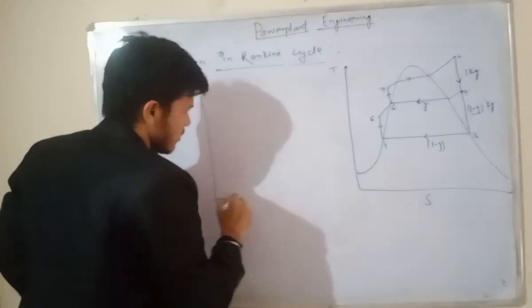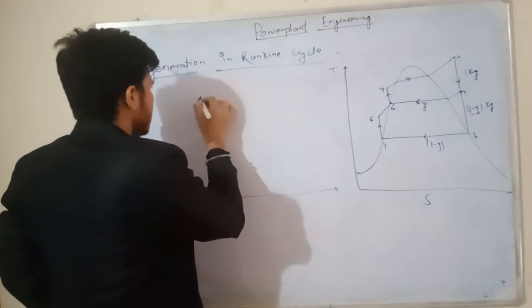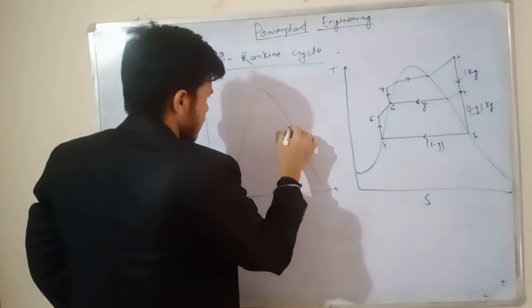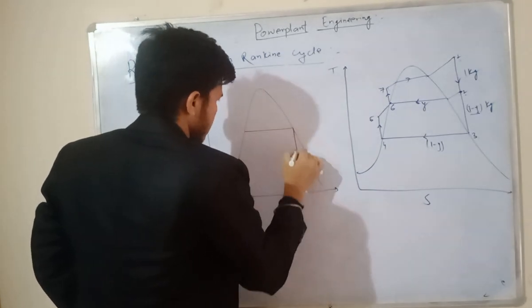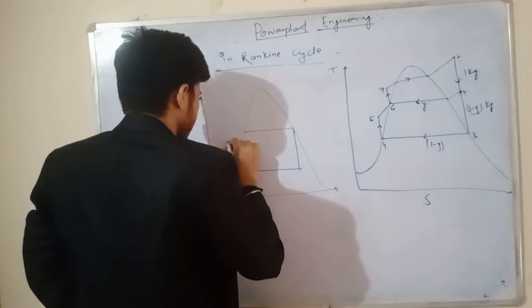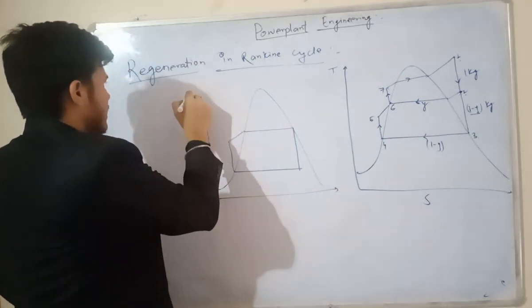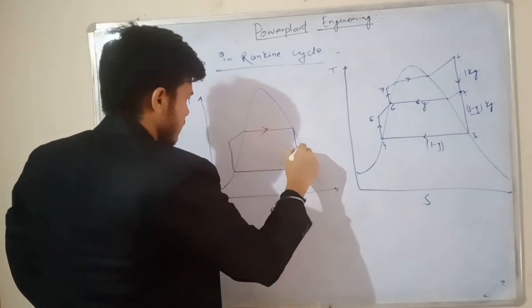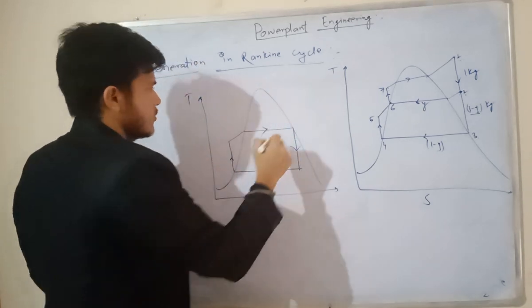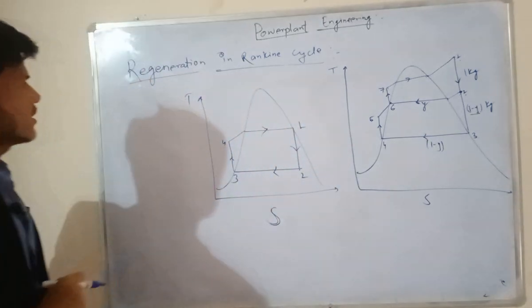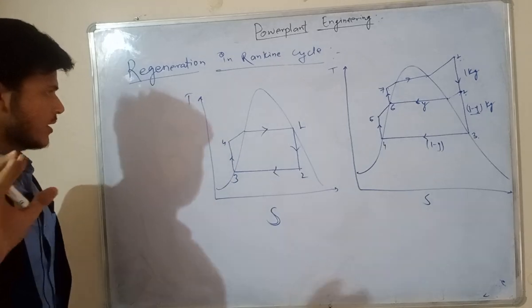Just wait, this is a simple Rankine cycle, as you know, the simple Rankine cycle TS diagram. This is 1, this is a turbine, 2, 3, this is 4.